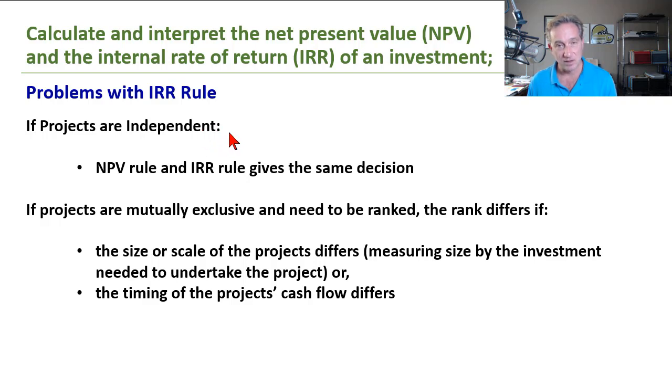Is that a realistic assumption? Well, I think it really does depend, right? We know of situations where it may or may not be realistic. I would suggest a large company with lots of resources, with respect to small projects, they are probably independent, right? Very small projects, if the company does one, it still has plenty of resource to do another. It doesn't really matter on small projects if those projects are independent.